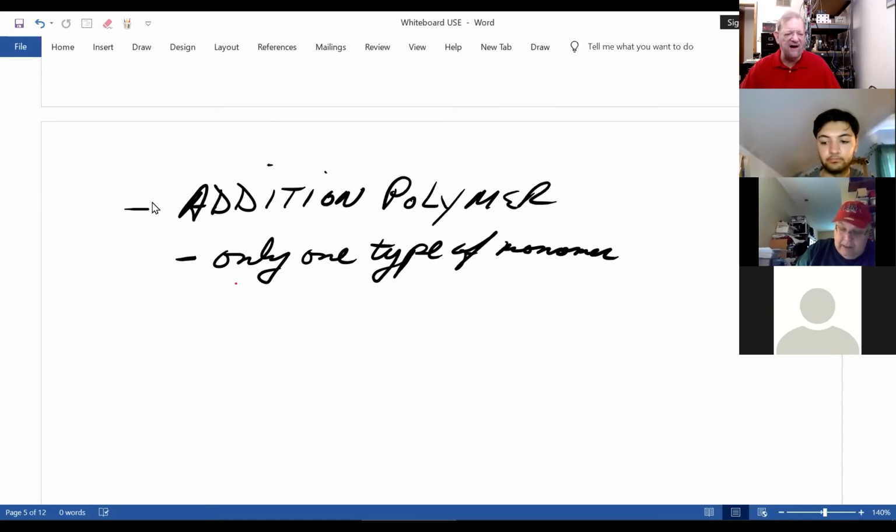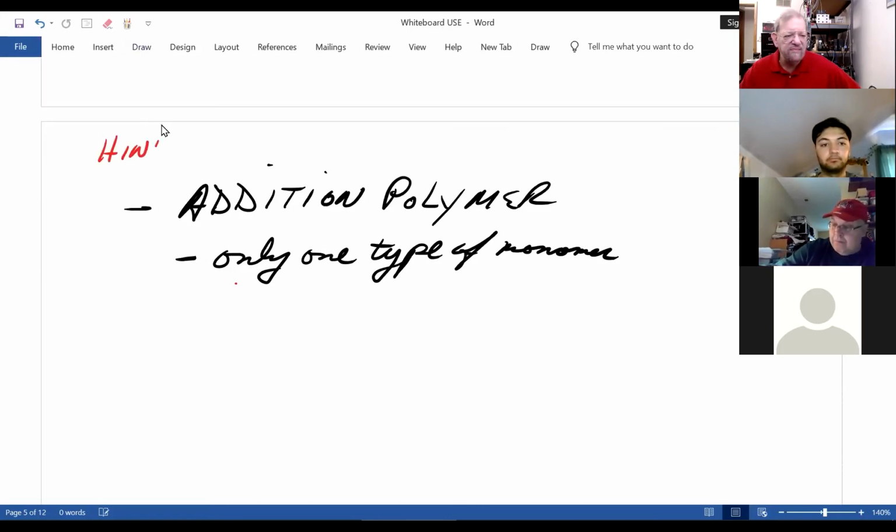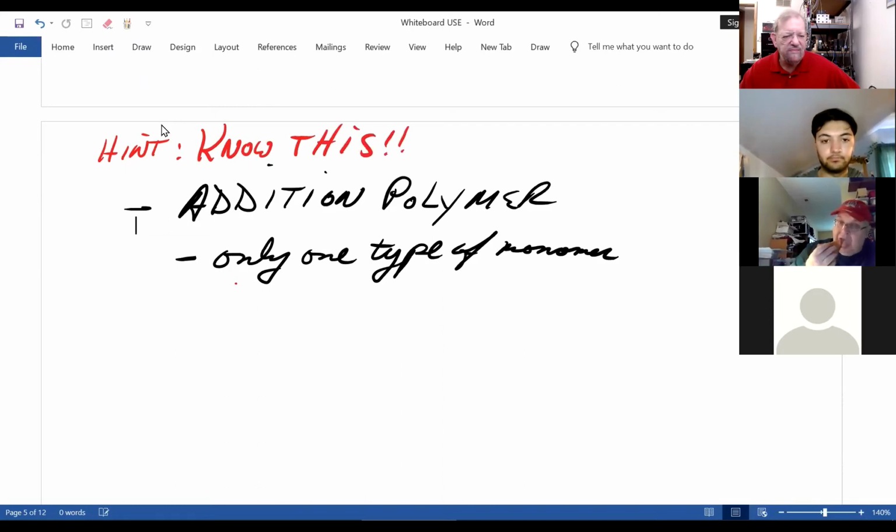Now, an addition polymer, the way you can tell that has only one type of monomer. Think of a train, a long freight train, and every boxcar is identical.